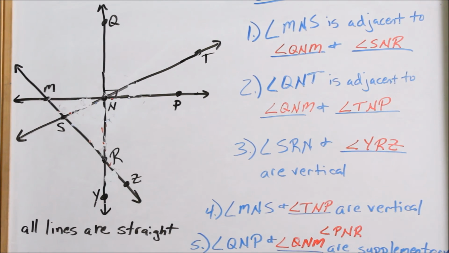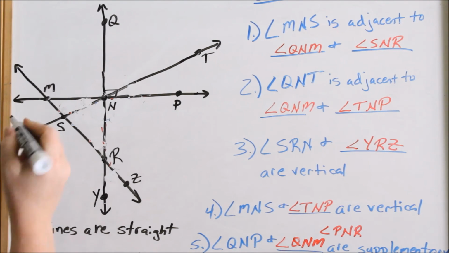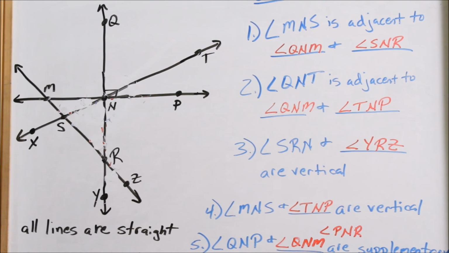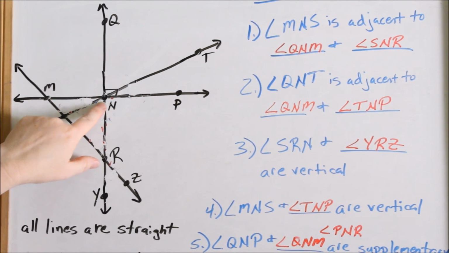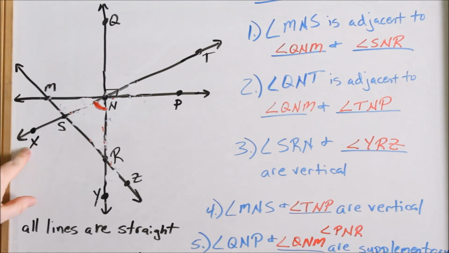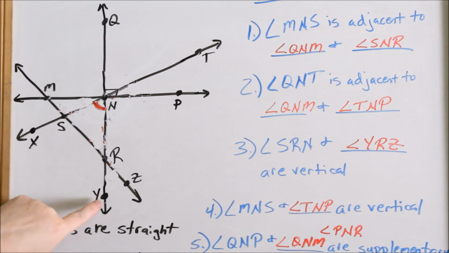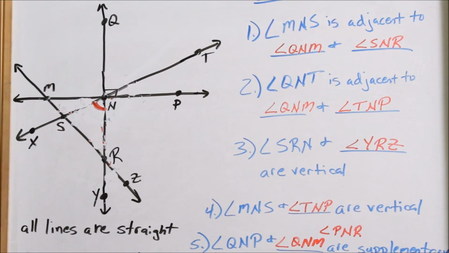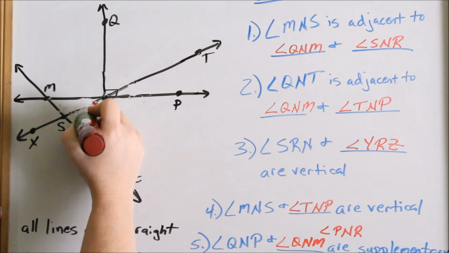I'm missing a letter X. Here is X, right there. Okay, X, N, Y. That's this angle right there. Follow your letters, X, all the way to N, all the way down to Y. That's this angle right here. X, N, Y is 55 degrees.